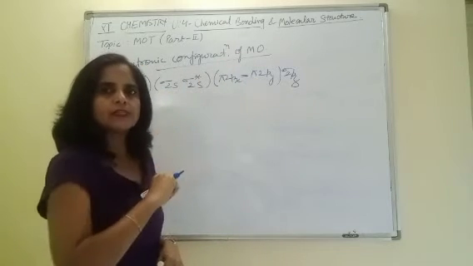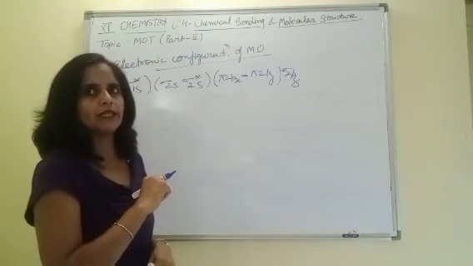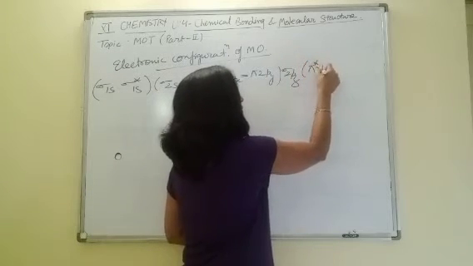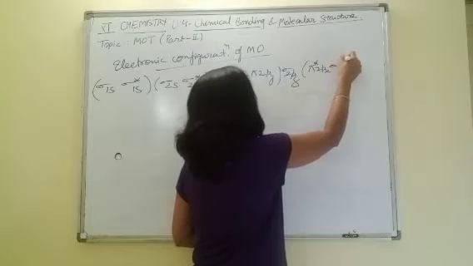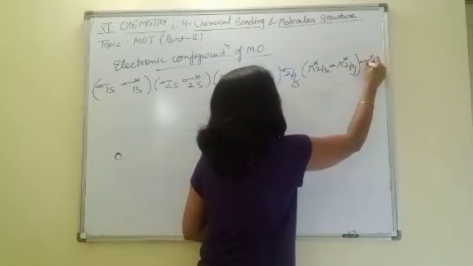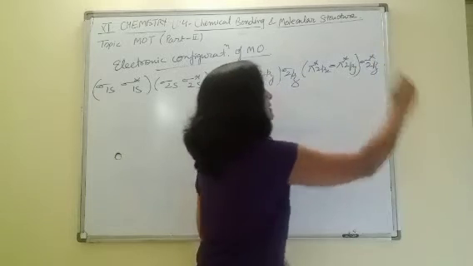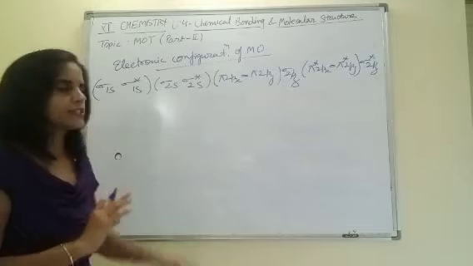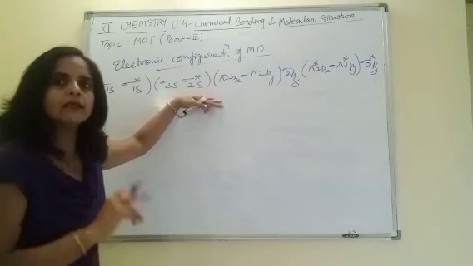Now, next would be the anti-bonding level. So this is pi star 2px equal to pi star 2py, and then the next and the last one is sigma star 2pz. Clear children? I think this is very simple.